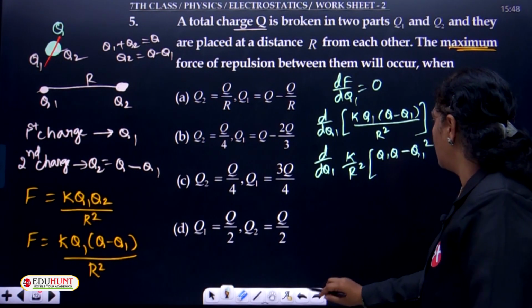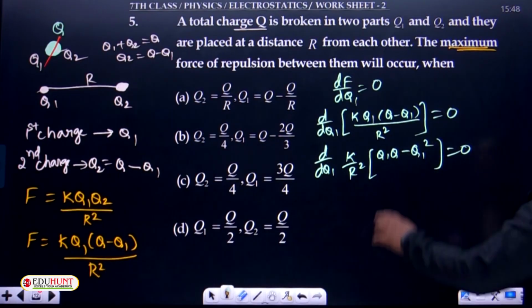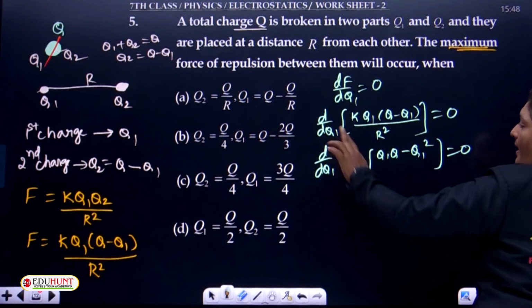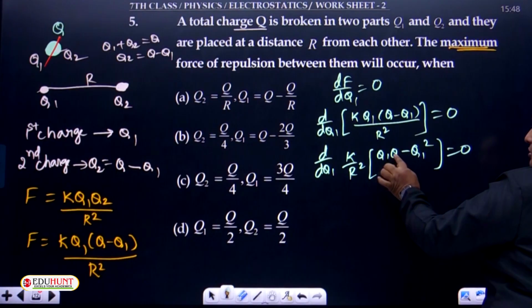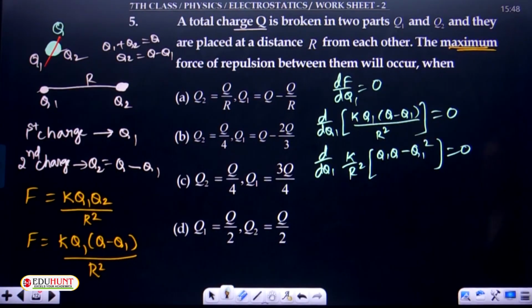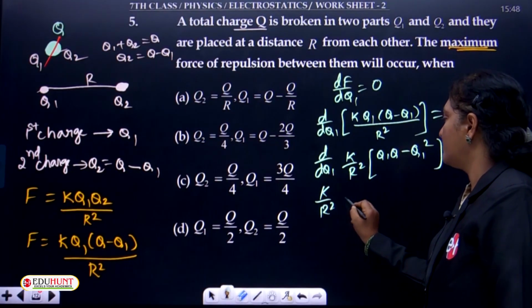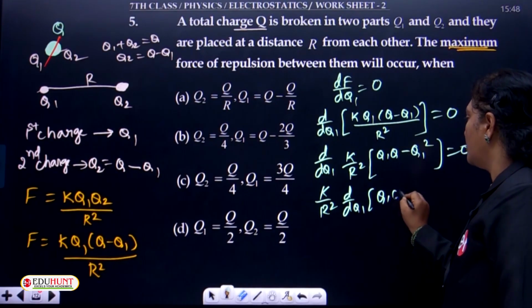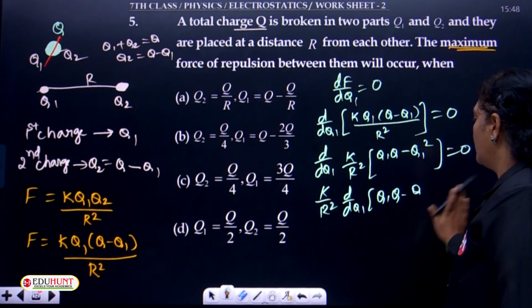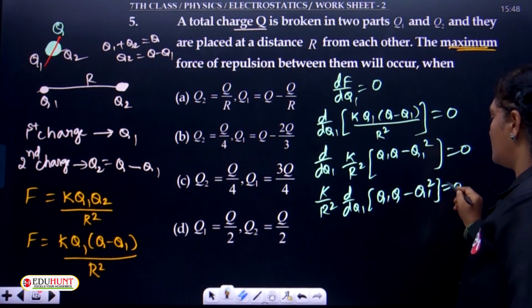The other terms are taken out, equals to 0. So I have already taken R square out, K out, and you are left with Q1 times Q minus Q1, which equals Q1Q minus Q1 square, and that is equated to 0. So K by R square taken common, you are left with the derivative of Q1Q minus Q1 square equals to 0.